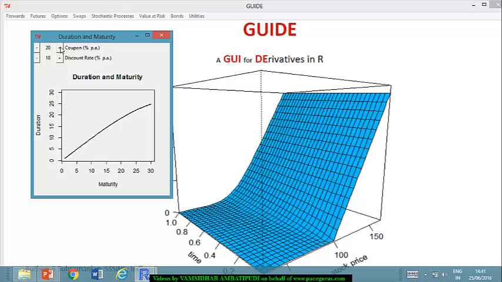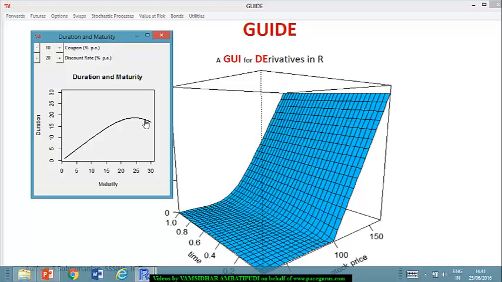Similarly, if the discount rate is increasing, the present value is coming down, so the duration is also coming down for us.